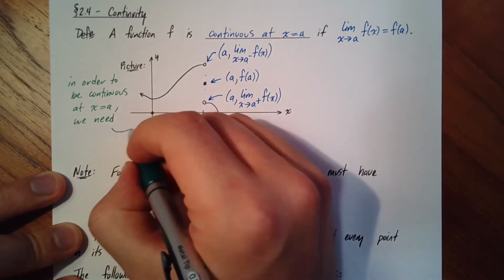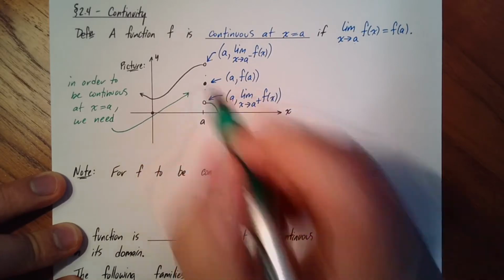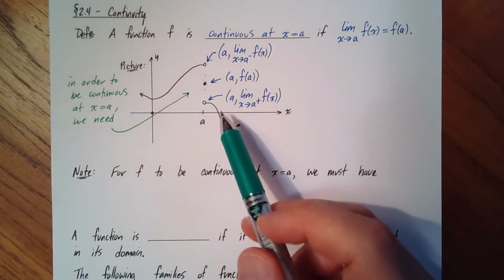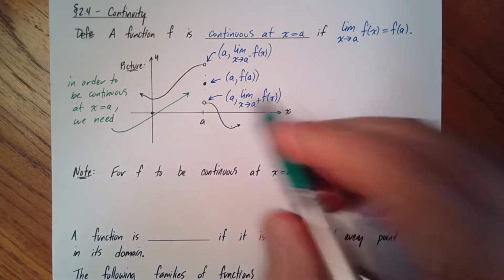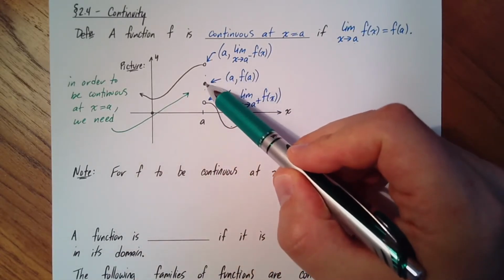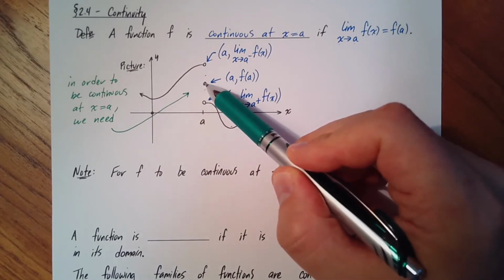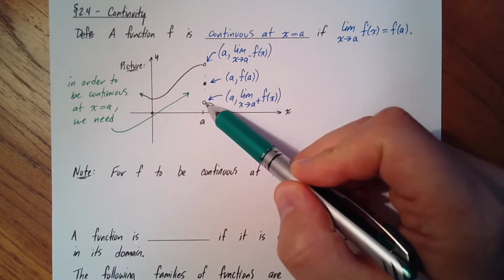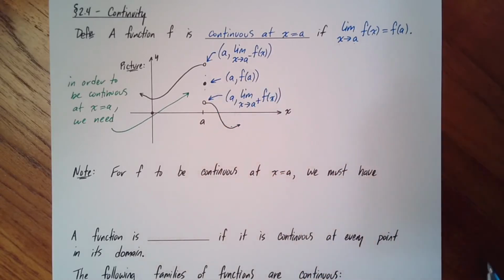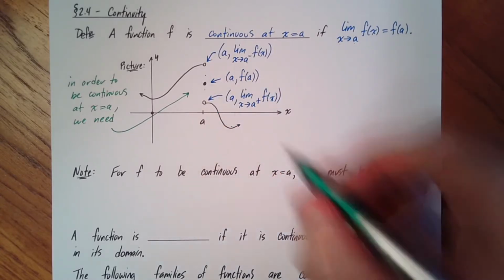I'm just going to draw an arrow to some action that I'm going to try to illustrate in green here. Basically you need to take this point here and pull it down here and glue it to this point. And then you need to take this down here and pull it up here and glue it to that point. That would make this continuous at a, right?